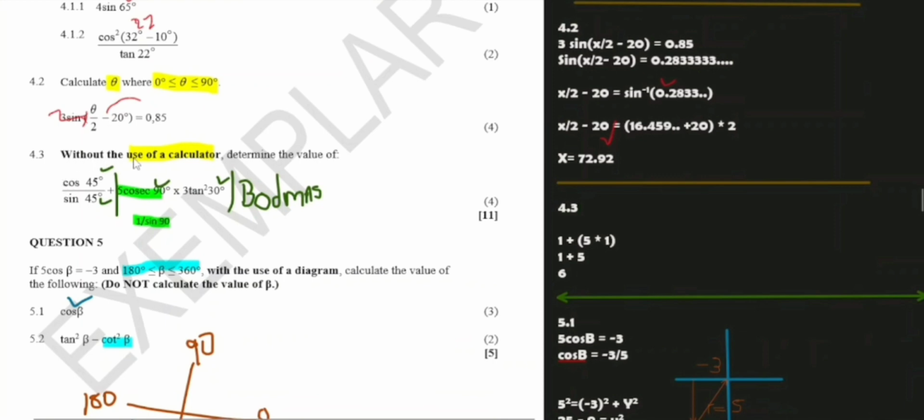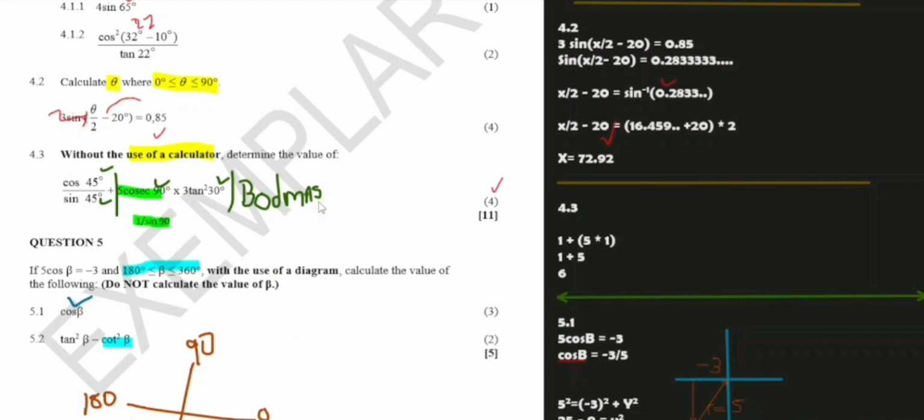For 4.3, it says without the use of a calculator, determine the following values. Now, it is for 4 marks. What can we say about these values? These are special angles. So the first thing that they want to see for these 4 marks is that you know the values of your special angles. So the cos of 45 degrees is the square root of 2 over 2.